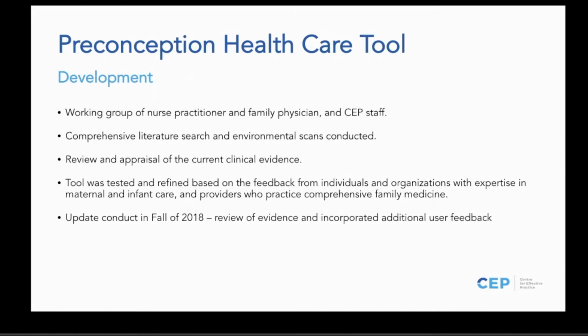We also took feedback from end users and organizations with an expertise in maternal and infant care, and providers who practice comprehensive family medicine. This past fall, we actually updated the tool as well. There was a review of more recent evidence, and additional user feedback was incorporated. Just to list a couple of things that were new, we added counseling around Zika virus and cannabis use in practice.